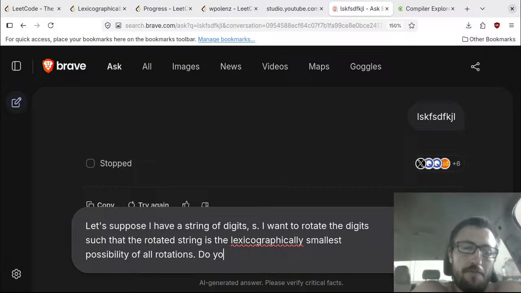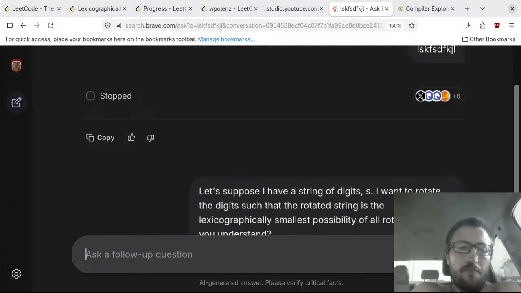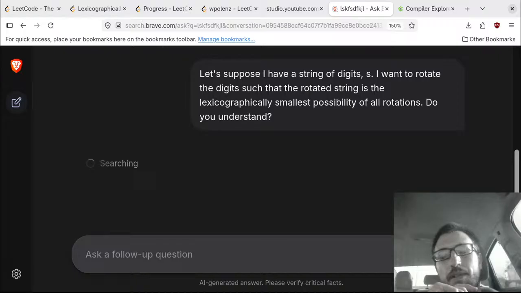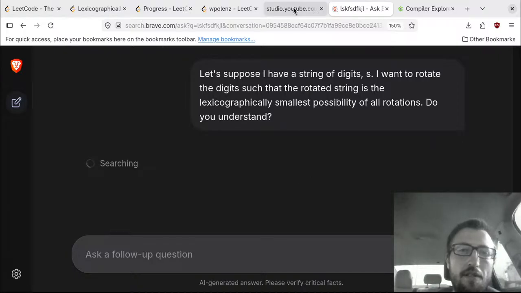Do you understand? I could think this through, I'm sure, but I don't know what the best way to do this is. I don't know offhand.